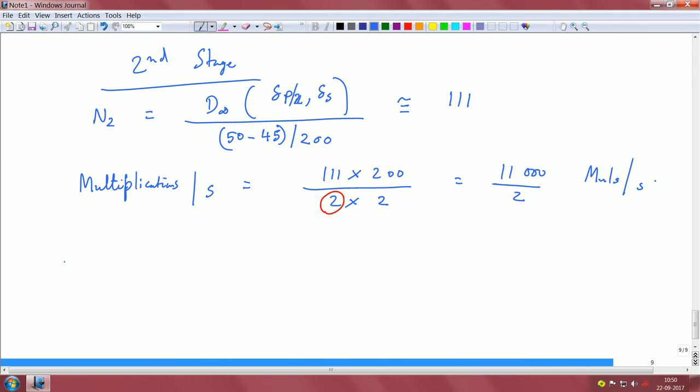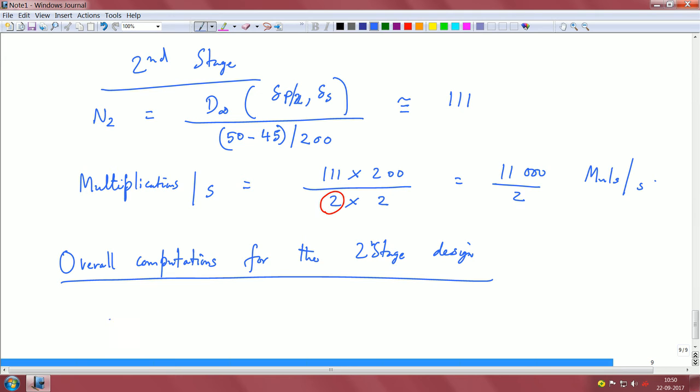So, now the overall computations for the two stage design is, we said it was 52,600, I guess, 52,600 plus 11,000 by 2.